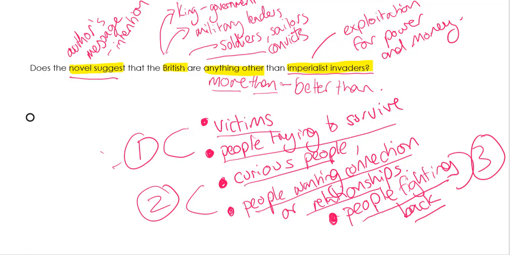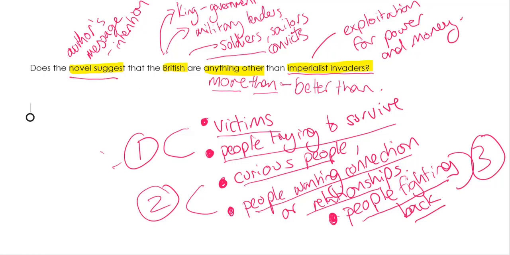They're actually themselves the victims of imperialism and of a system that is hierarchical and brutal and all the rest of it. And in some cases also the soldiers and sailors are represented as people who are caught up in a system that they can't control, and as people who are just trying to survive in a situation where they have very little in the way of power or opportunity to better their lives.